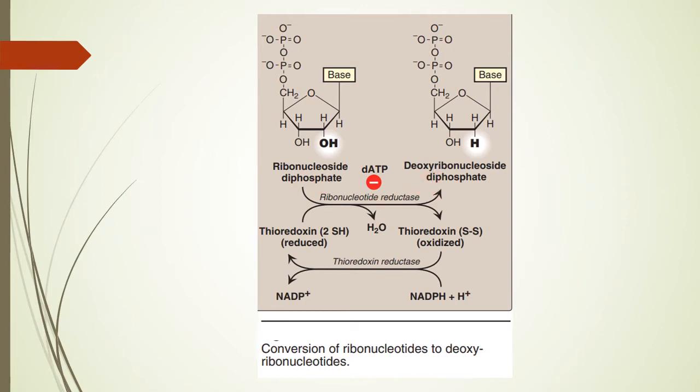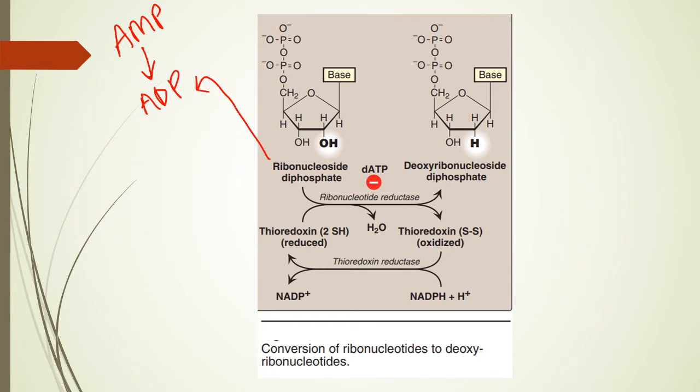For example, if you have AMP and you want to make deoxy AMP from it, then first you have to convert AMP into ADP. Now what is ADP? ADP is a ribonucleoside diphosphate.